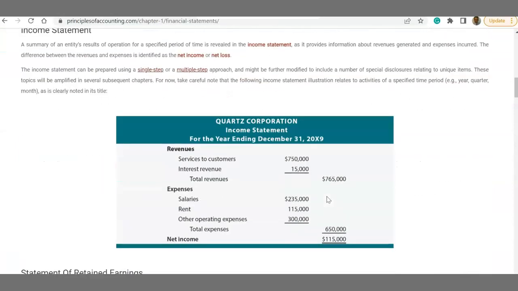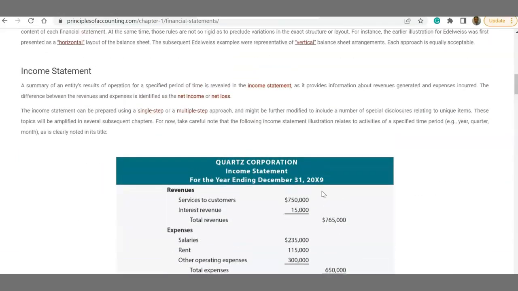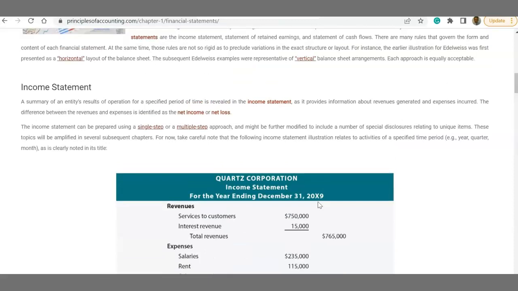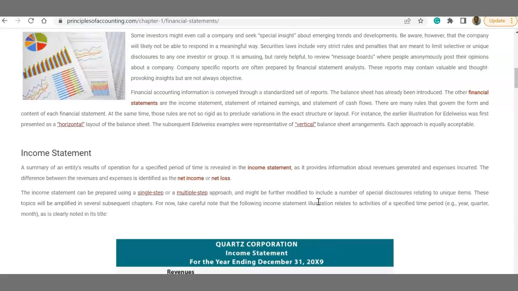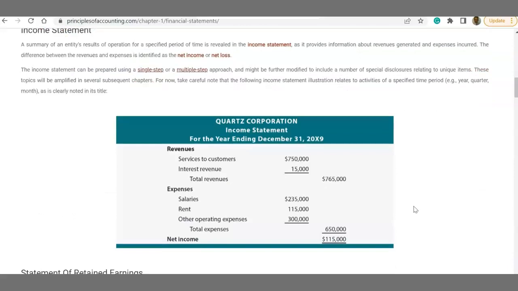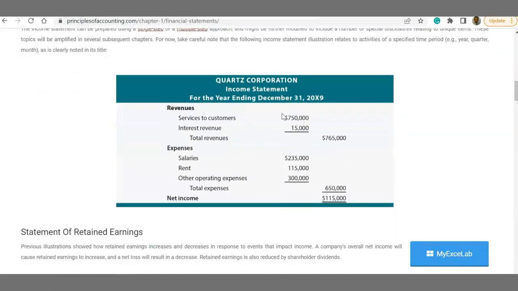And here it's your turn to look at the financial statements next to each other. The very first one always starts with the income statement. Income statement is number one. We need to calculate our net income. So revenues with a dollar sign, total 765. Every time you have a number in a column, the first number needs a dollar sign.